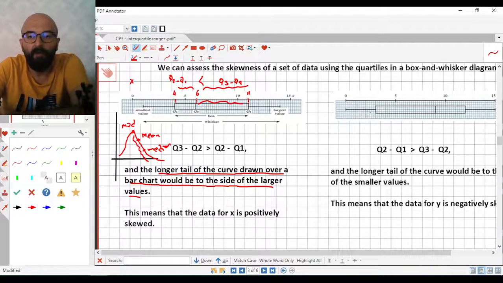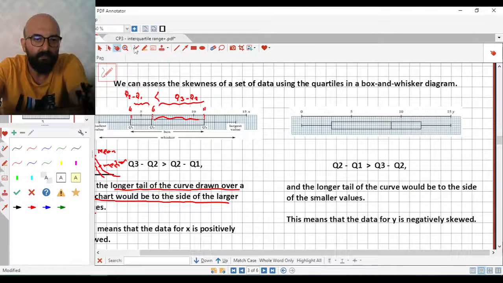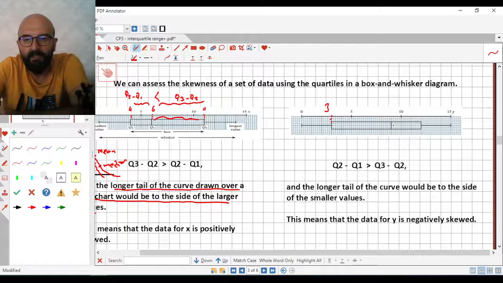Okay, now for example, for the dataset Y, Q1 is 3, the median is 9 and Q3 is 12. Please notice the range Q2 minus Q1 and the range Q3 minus Q2.